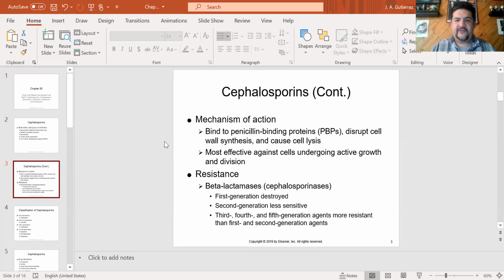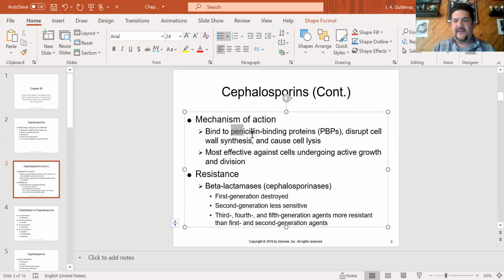How does it work? Same thing. The beta-lactam ring is gonna bind to the penicillin binding protein, and it's gonna break it apart. Resistance, same thing. Bacteria is gonna make an enzyme to fight the cephalosporins, and it's a beta lactamase.